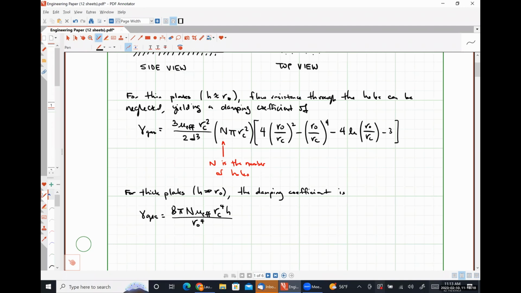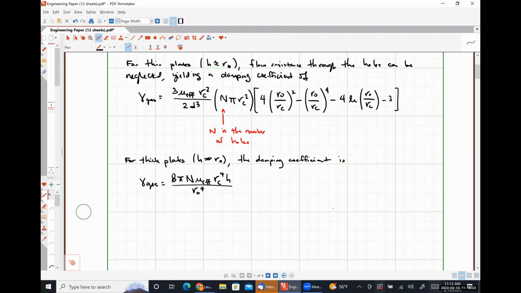And if this seems too easy, it is. We actually have to modify our effective viscosity equation in this regime.